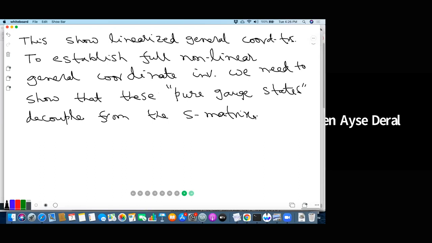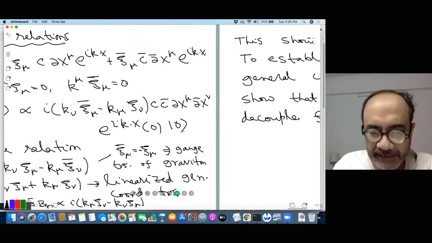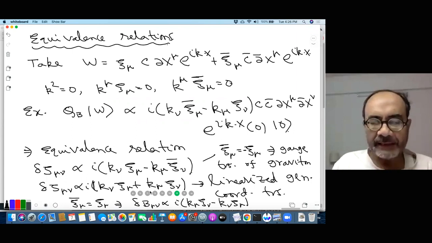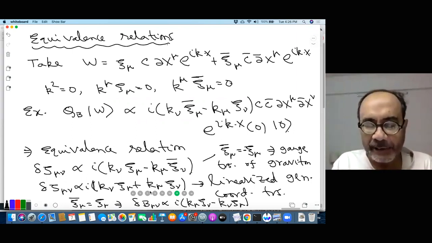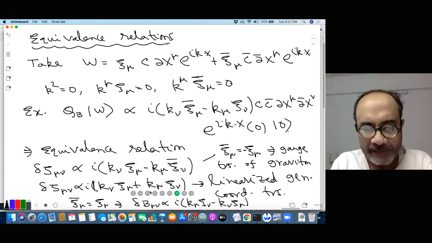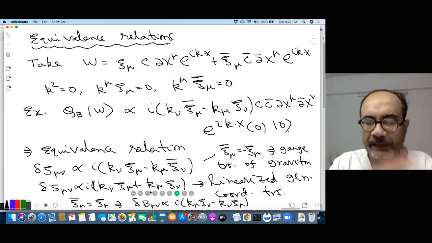Which ones are the pure gauge states? If you take zeta mu nu to be proportional to k nu xi mu plus k mu xi nu, what I'm saying is that if you change zeta mu nu by this, this generates an equivalent state. So whether you use zeta mu nu or zeta mu nu plus something proportional to k nu xi mu plus k mu xi nu, you should get the same result.